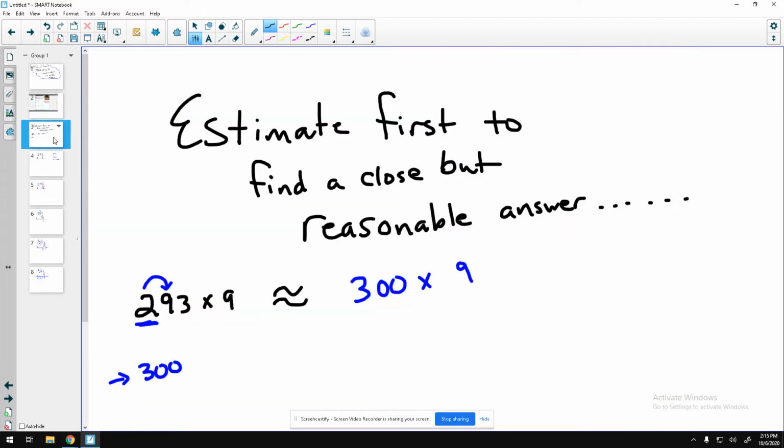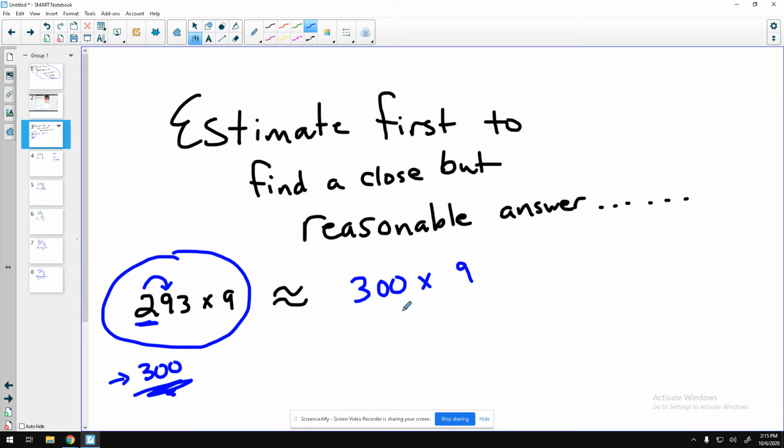So let's find a reasonable estimate first so we can be a little bit close to the answer. If I have 293 people and 9 flights, my problem is going to be 293 times 9. But a reasonable estimate would be, let's round 293 up to the closest 100. That would be 300.